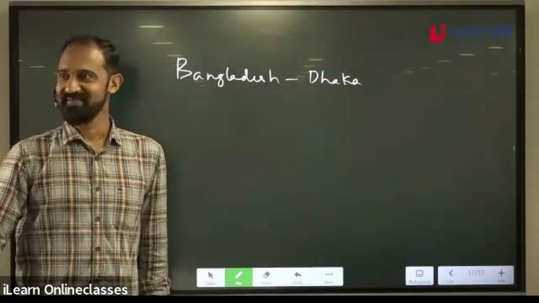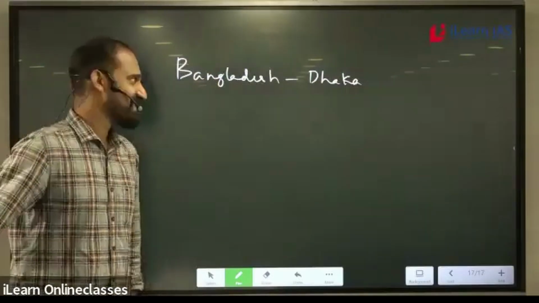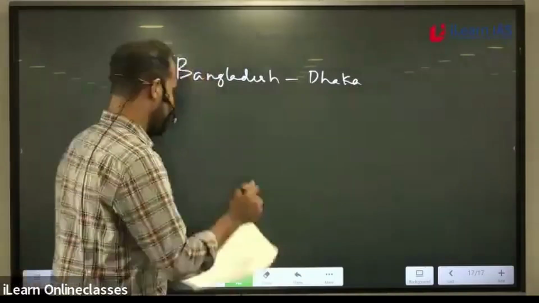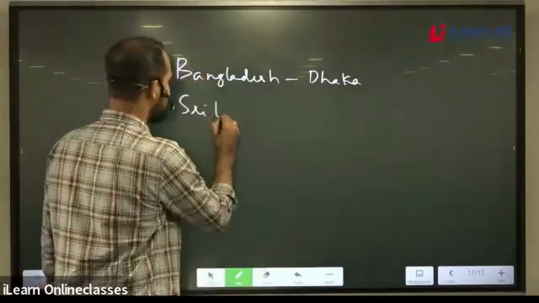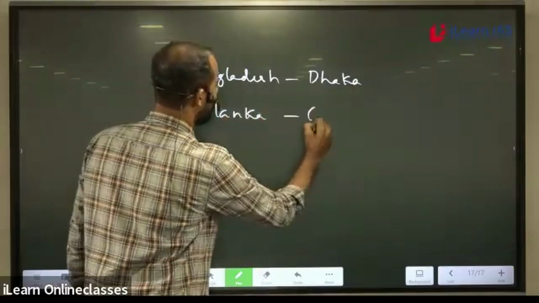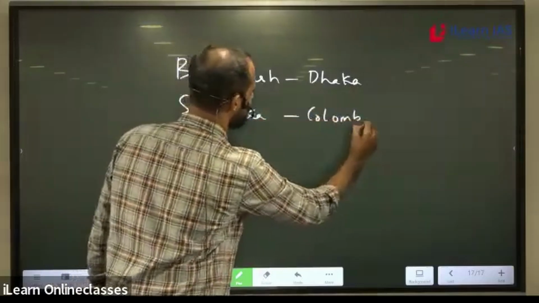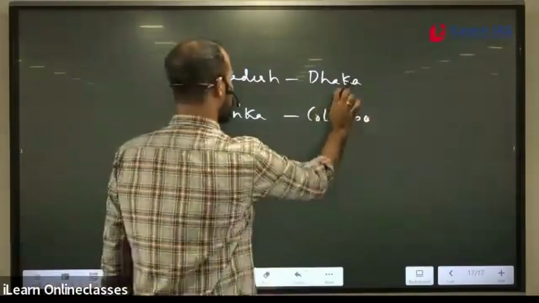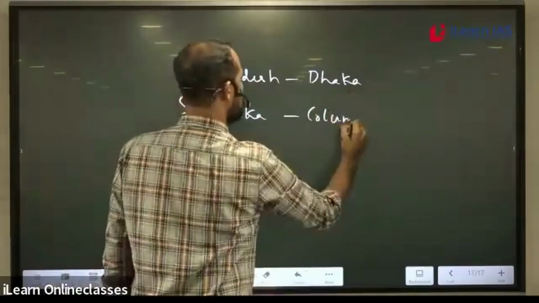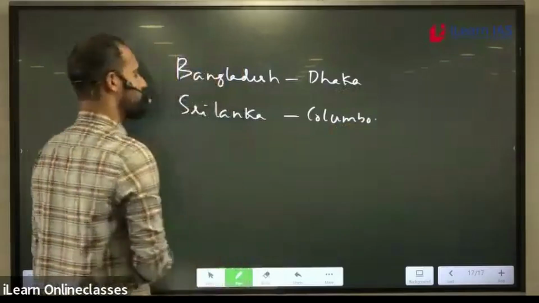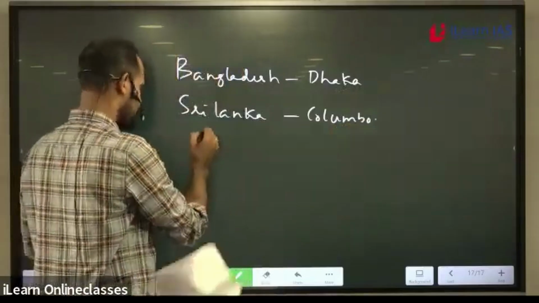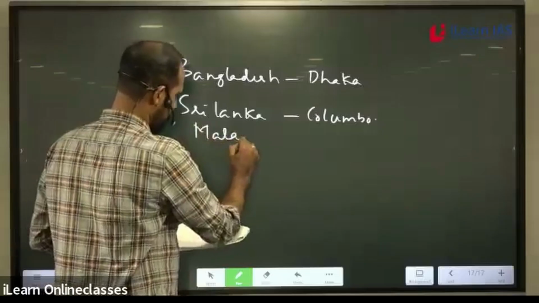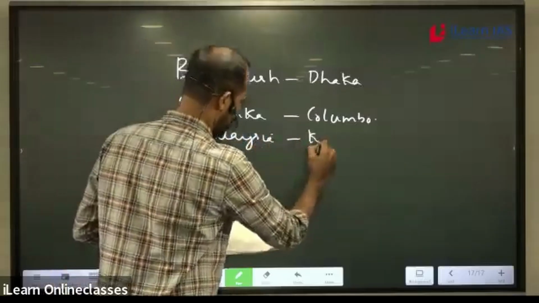Chittagong may not be. I don't know. Chittagong is a port city, but I don't think. I think it's something else. Sri Lanka, Colombo. Okay. Then Malaysia. Kuala Lumpur.